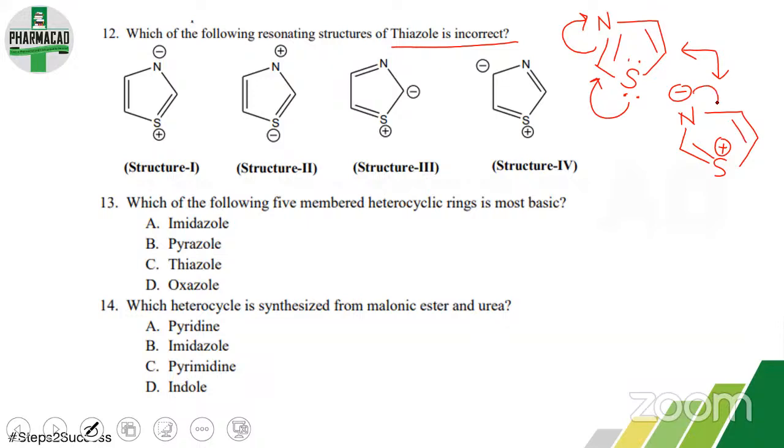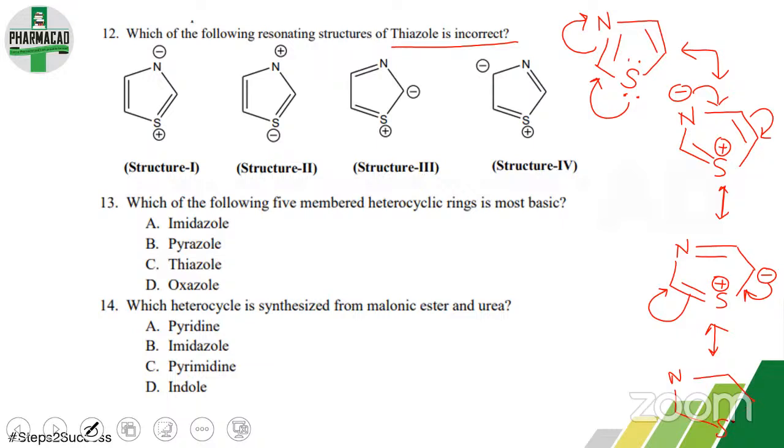When this negative charge gets shifted over here, this bond gets shifted over here. Then we will get this nitrogen double bond over here. Here we will get negative charge, the sulfur with positive charge. When this gets shifted over here, this bond gets shifted onto this carbon atom. This nitrogen is with this sulfur.